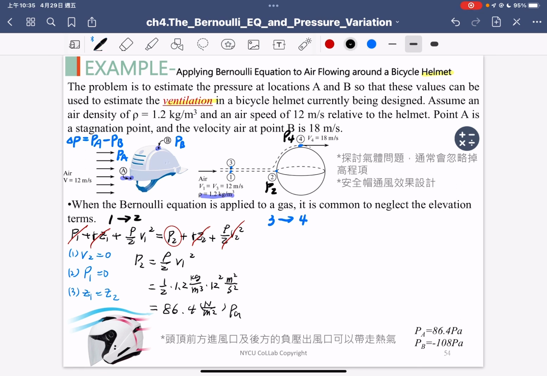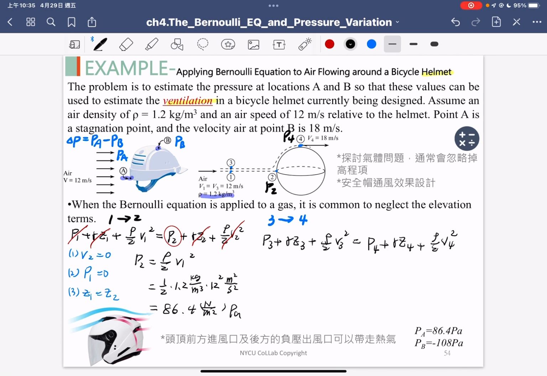So we need to rewrite the Bernoulli equation again. So we have P3 plus gamma Z3 plus 1/2 rho V3 squared should be equal to P4 plus gamma Z4 plus 1/2 rho V4 squared.